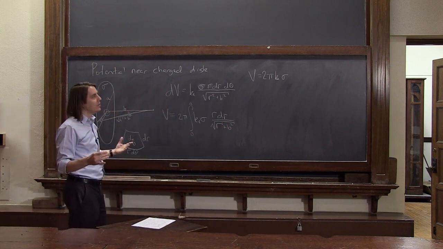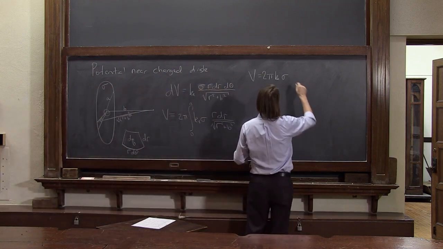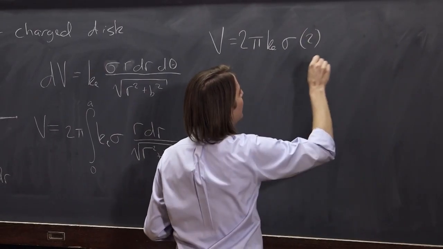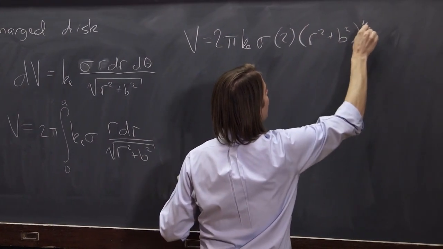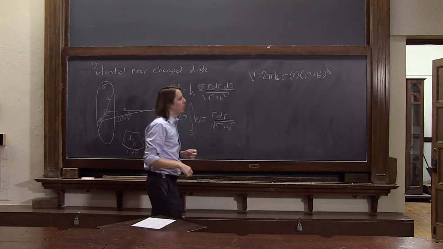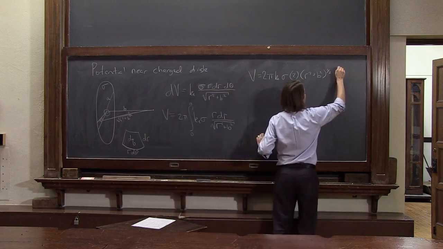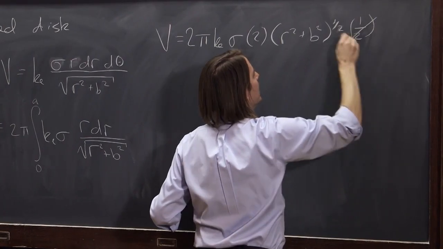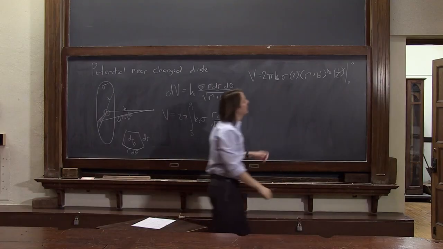So you raise it to the plus 1/2 and you divide by that 1/2, which means you multiply by 2 times r squared plus b squared to the 1/2, and then you also divide by the derivative of that, which is 2r. When you divide by the r, it cancels that r. You divide by the 2, which means you multiply by 1/2. Hey, those go away. Look at that. And you evaluate it from 0 to a.